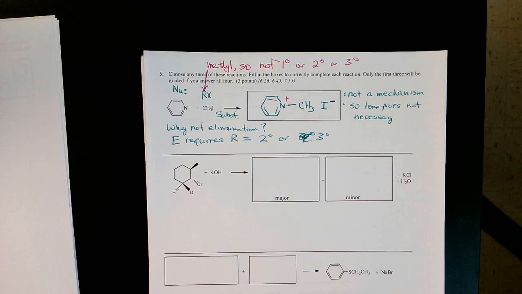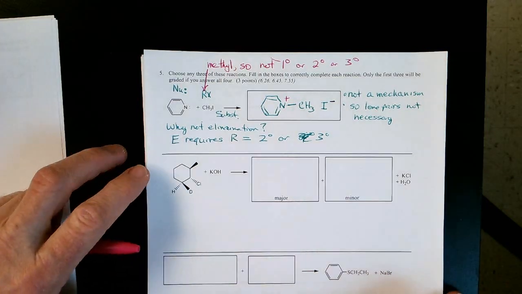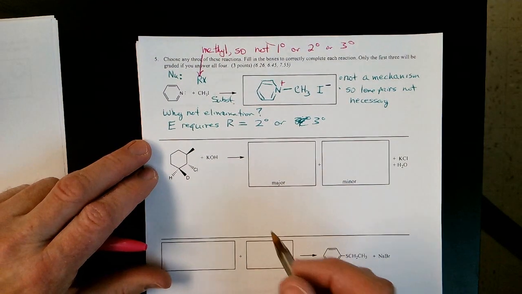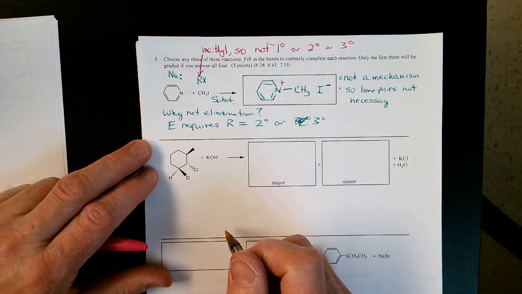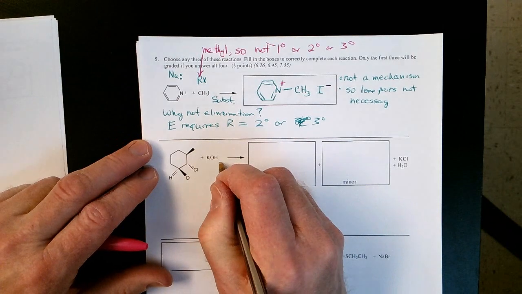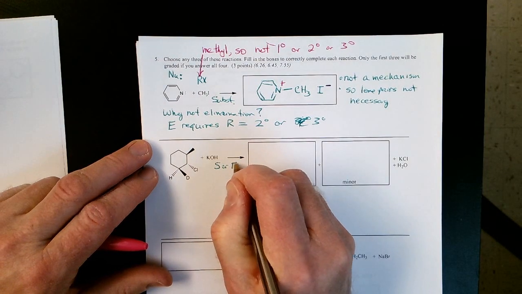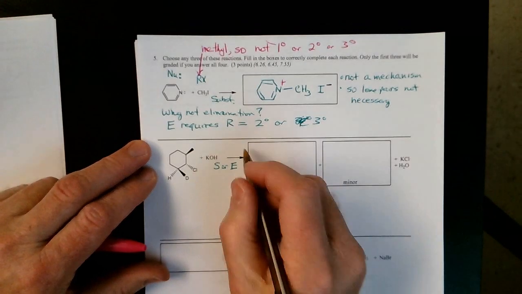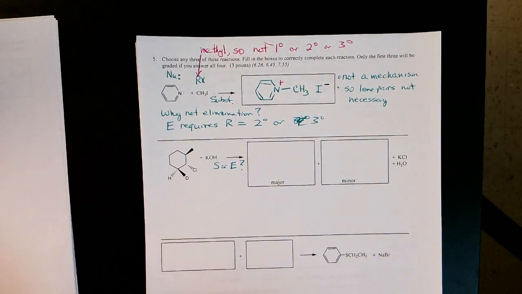All right, now that same discussion, though, would make sense on this next one. Is this one going to be substitution or elimination? Okay, so first of all, make your decision. Substitution, S or E. And you look at your R group, and you look at the other reactant, and you try to make a call.